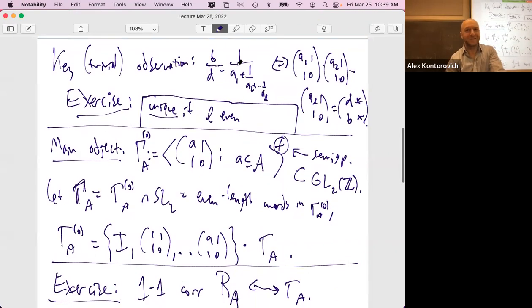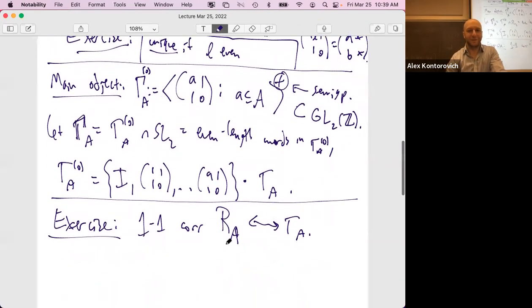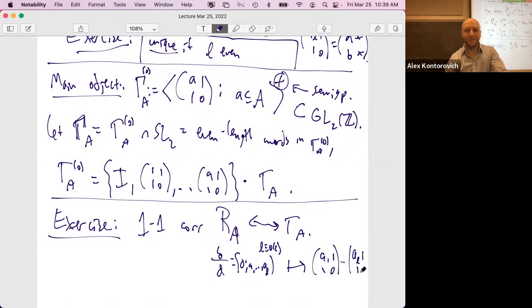Well, you just do this. If you give me a fraction, A1 through AL, these are all bounded, and L is 0 mod 2, then I make the element, this maps to the element (A1 1; 1 0) up to (AL 1; 1 0), which has even length, and so this will be in gamma A. How do I go the other way?